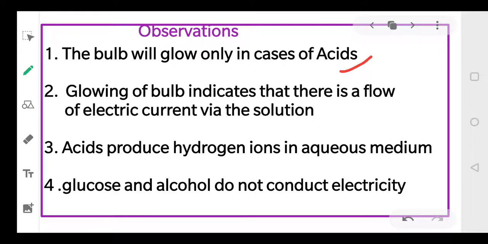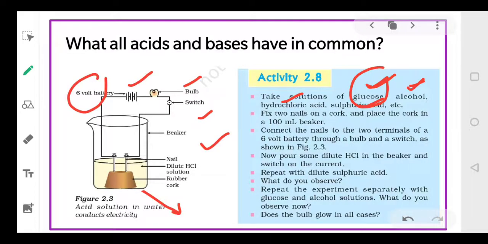Your observations will be that the bulb will glow only in case of acids. We have put a small bulb in the circuit, so that as we switch it on, the bulb glows only in case of acids. So what are the acids here? Hydrochloric acid and sulfuric acid.